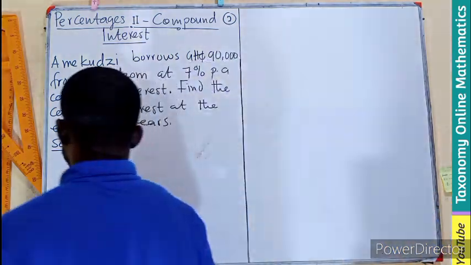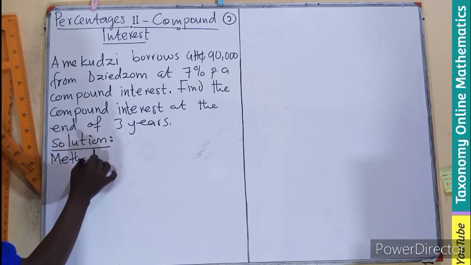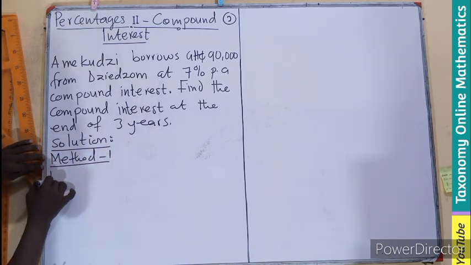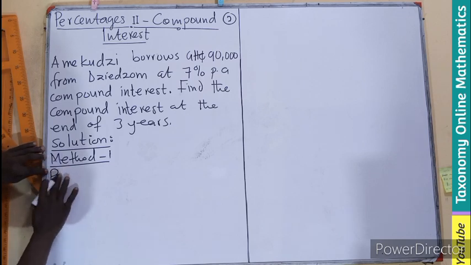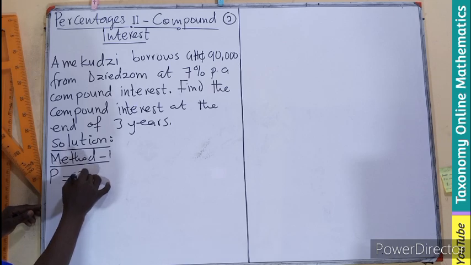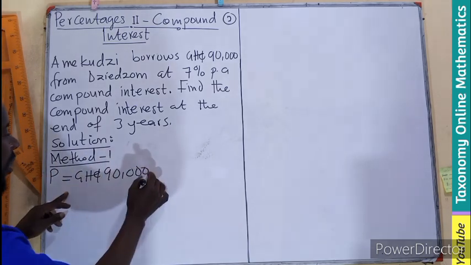So if I want to deal with method 1, which is the step-by-step approach, I should have my principal, let me use P, equals the amount borrowed. That is going to be 90,000. That's the principal.